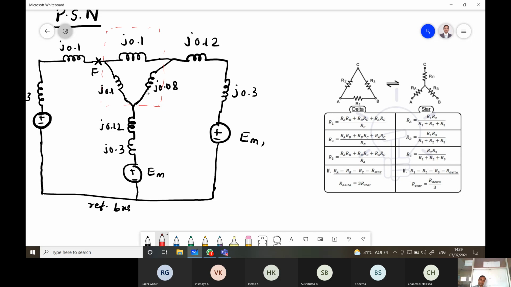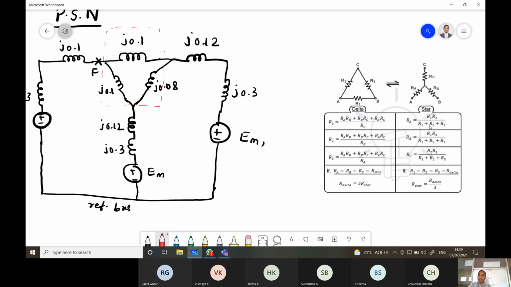Do it. So what is the formula for this? So conversion of star, we need RA, RB and RC value. So RA means R1, R2 divided by R1 plus R2 plus R3, like that.